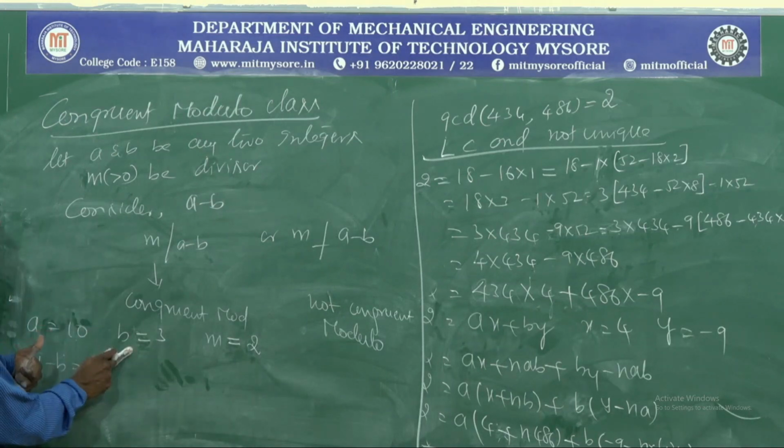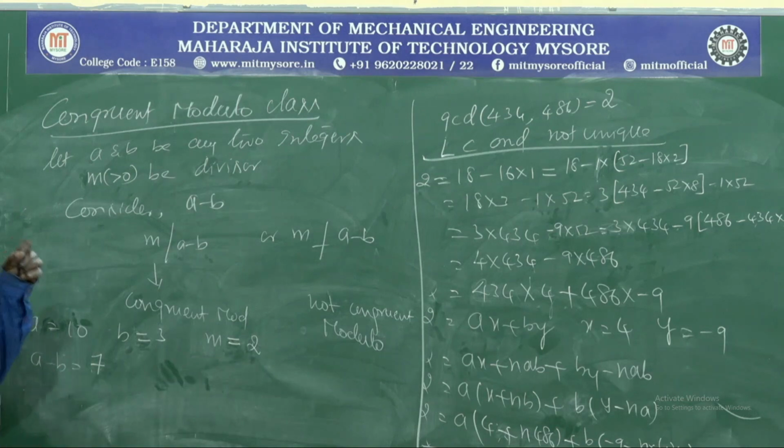Take A, take B, take M. Simple. See, mathematics is generally simple if you understand it in a very lucid and flowing fashion. Take the A minus B, I got 7. Now I have two options.